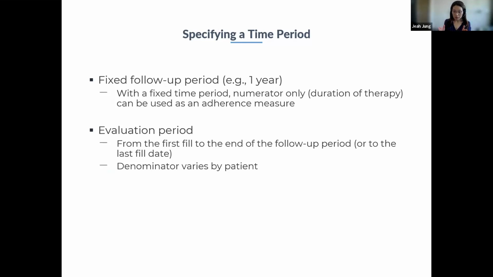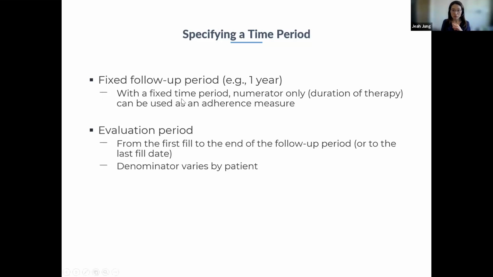So everyone in this data has 1 year of follow-up, which means the denominator is 365 days for everyone. Beneficiaries who start filling statin prescriptions on July 1st, you follow them up to June 30th in the following year, right?